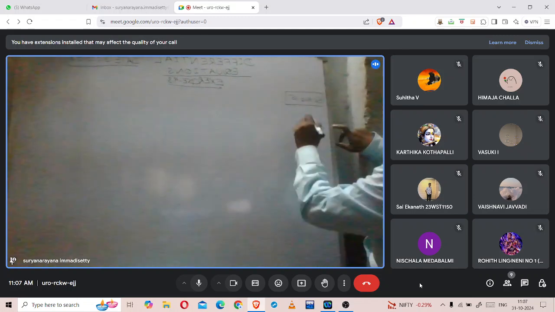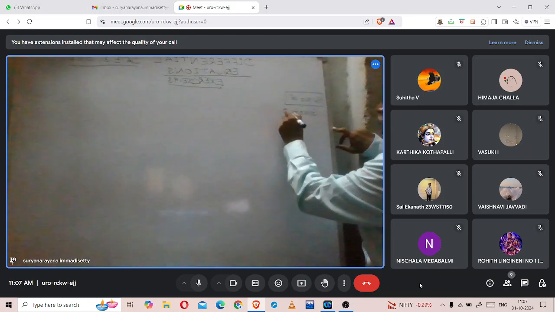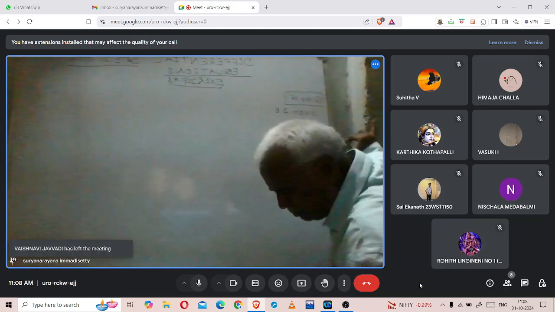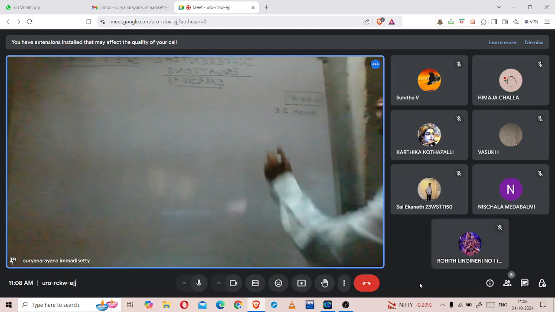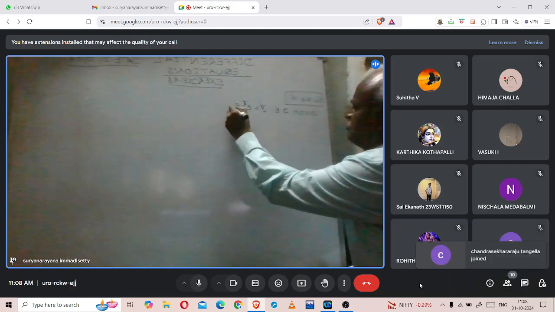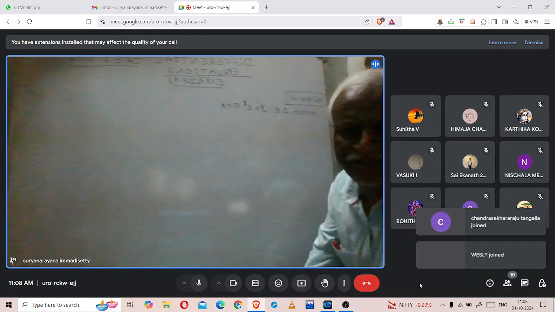The differential equation is given: y dash is equal to e power x into sin x. This is the given differential equation.